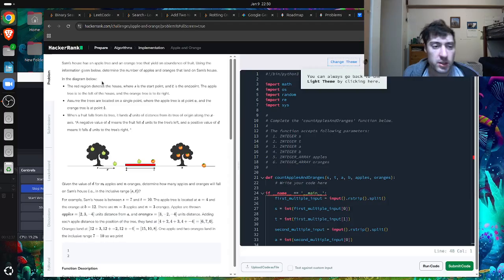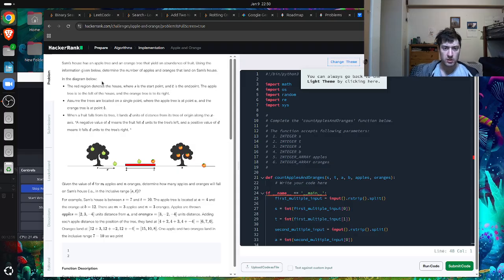So, Sam's house has an apple tree and an orange tree that yield an abundance of fruit. Okay? Using the information given below, determine the number of apples and oranges that land on Sam's house.